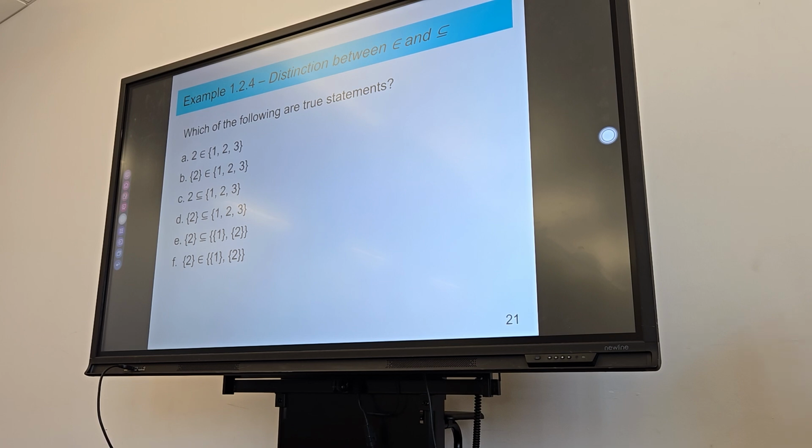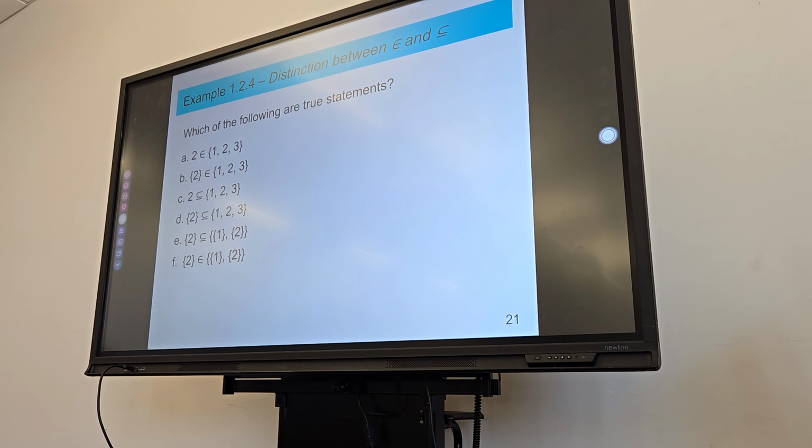The set with the element of 2 in it is a subset of the set 1, 2, 3. What are we on? D. I don't think that's correct. Subset, so is it a set? Is the first element a set?